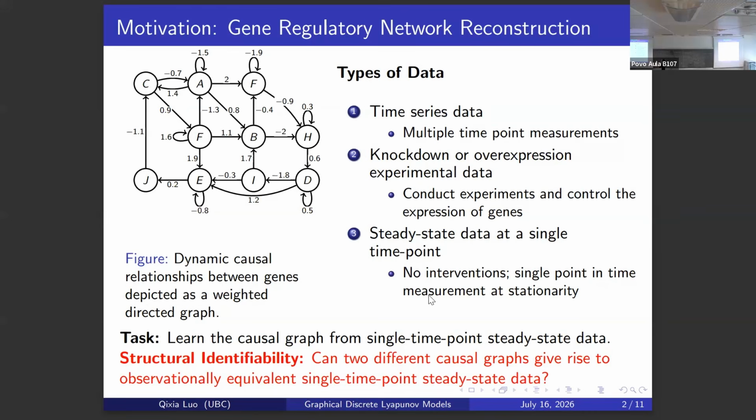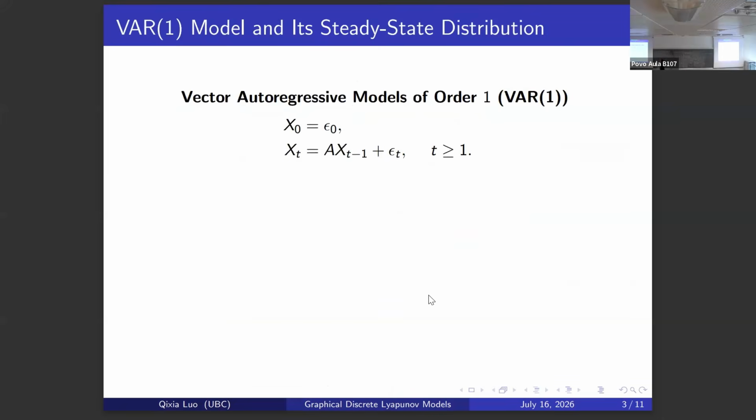If this were to happen, then we can't really distinguish between these two causal graphs just from the single time point steady state data. And so there will be some limitations to what can be learned. Maybe we cannot learn the true unique underlying causal graph, but maybe only an equivalence class of causal graphs that contains the true one as a representative.